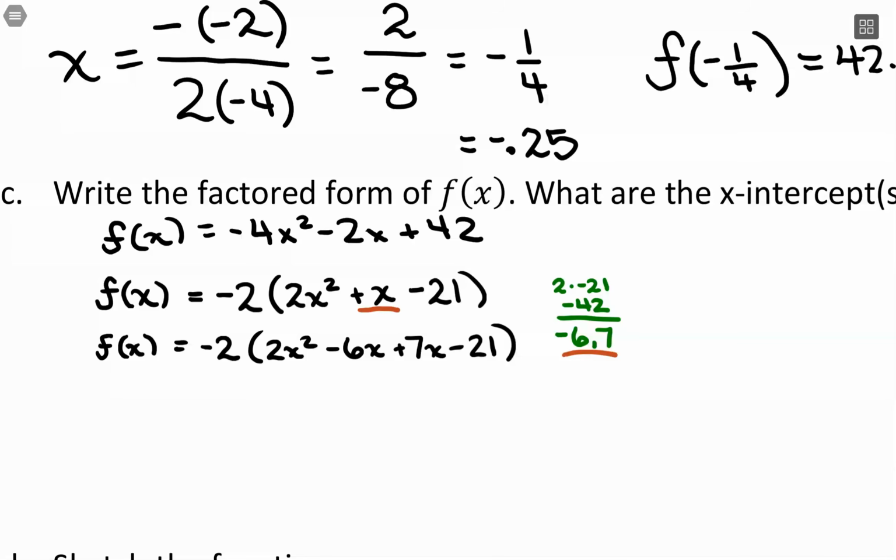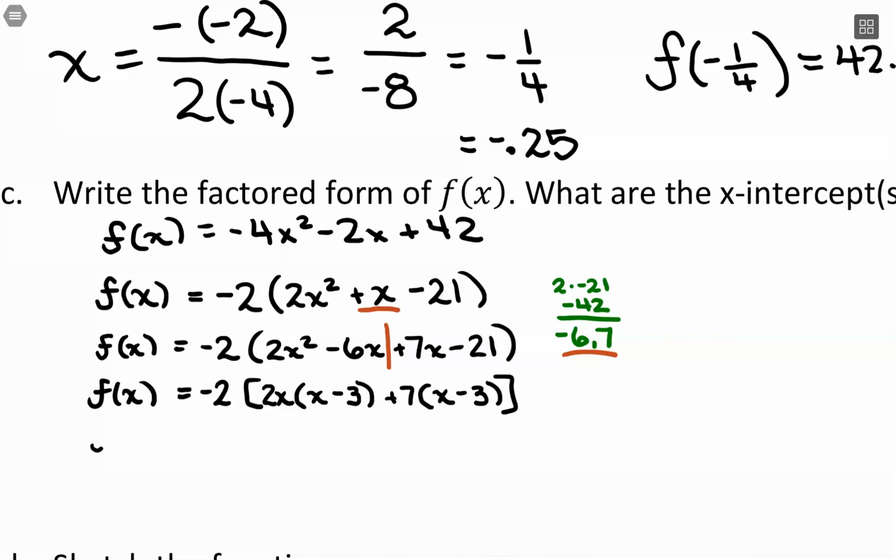And then I'm going to do some factoring by grouping. On the left-hand side, my greatest common factor is 2x, which will leave me with an x minus 3. And then on the right-hand side, greatest common factor, +7, and factoring that out will leave me with an x minus 3.